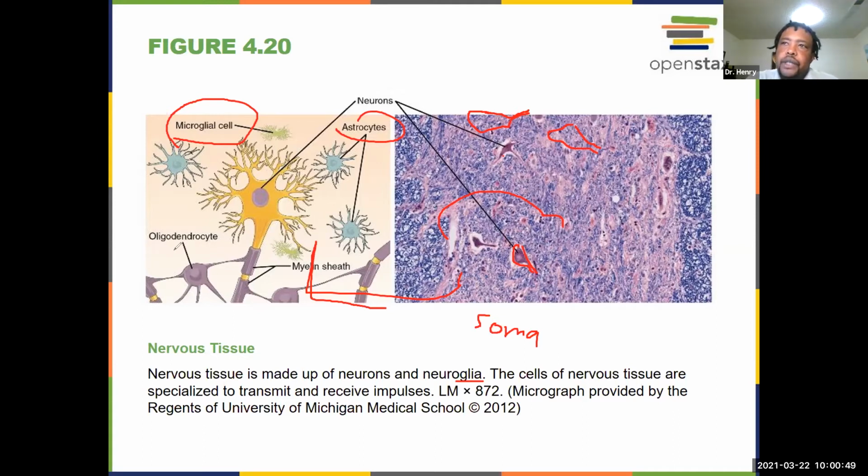The oligodendrocytes, these guys are responsible for making the myelin sheets. That's their basic primary function. And so all they do is basically make the myelin sheets for the axons to protect that potential, that inflammation.